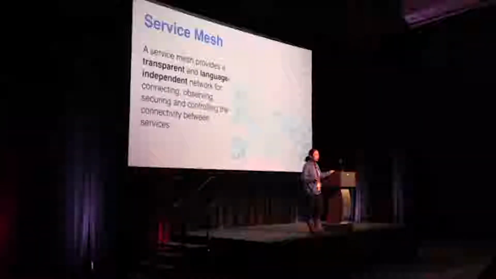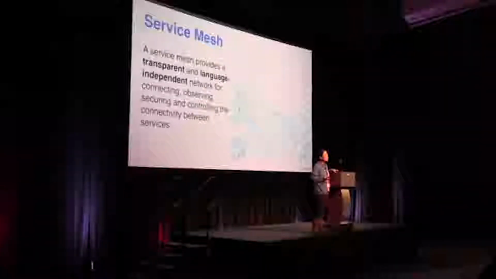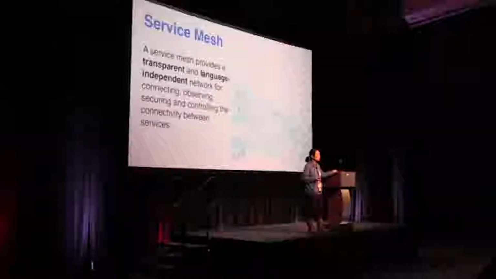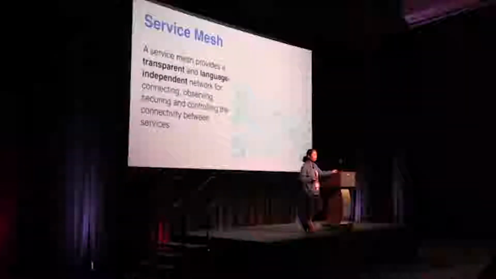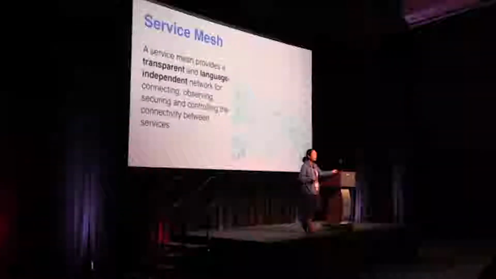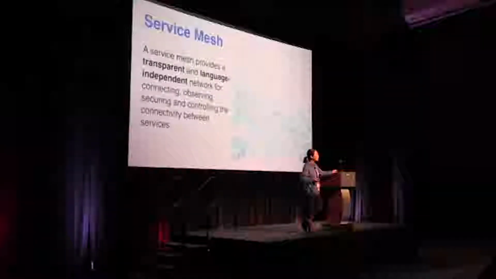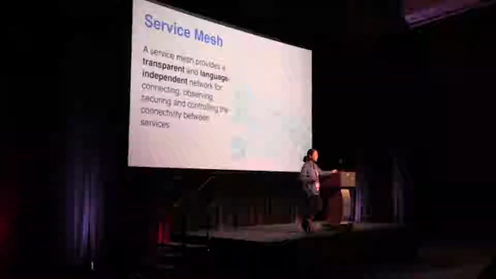What service mesh really does is abstract the different pieces your application needs to connect, observe, secure, and control the microservices onto the platform layer, so that the platform can solve these problems for you regardless of what languages you are writing your microservices in.